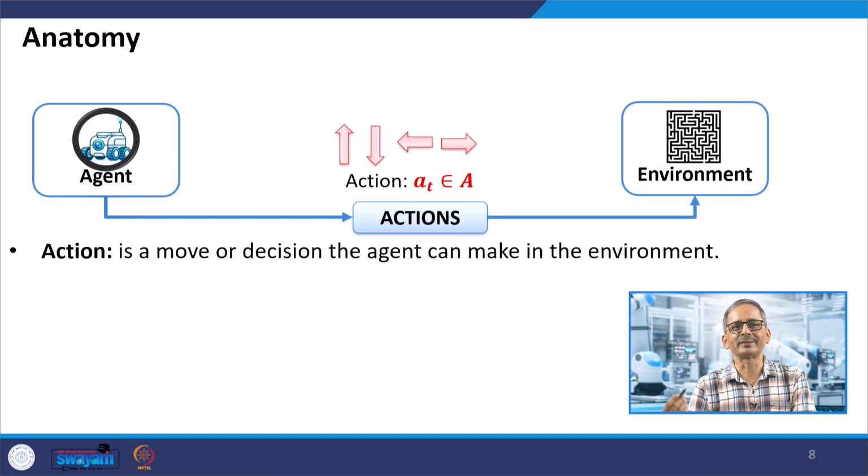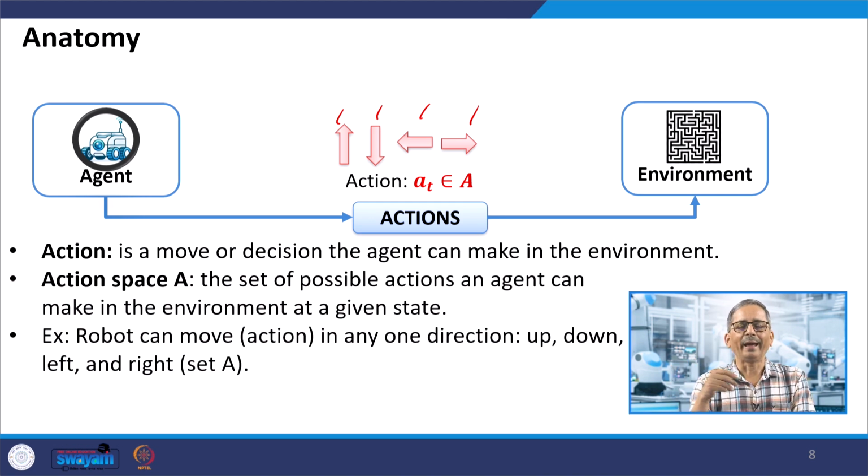The next term is the action. It's basically a move or decision the agent can make in the environment. That is what we call an action. It could be, say, go up, go down, go left, go right, like that. The action space is basically the set of all possible actions an agent can make in the environment at a given state.